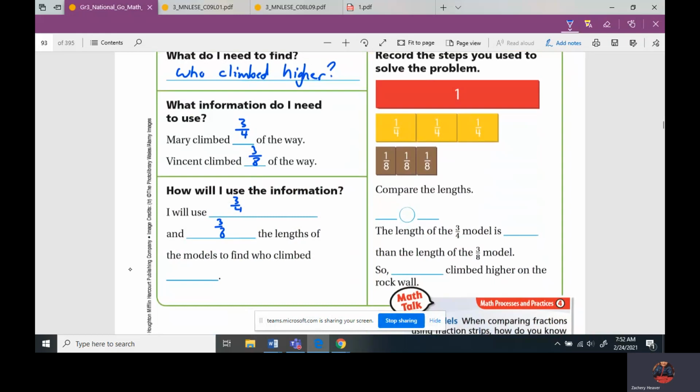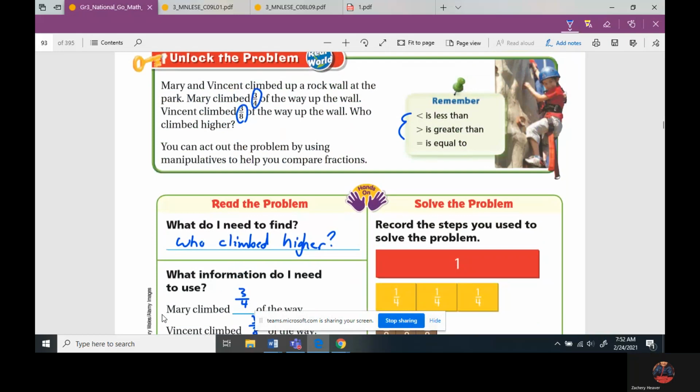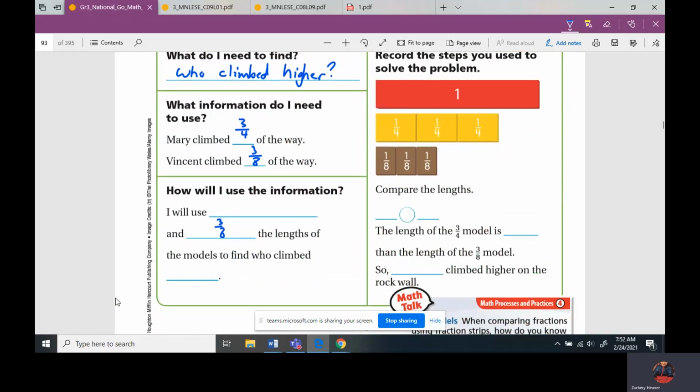You can say, I will use manipulatives. It's up at the top. And measure. We're going to see which one's longer, the length of the model, to find who climbed higher.